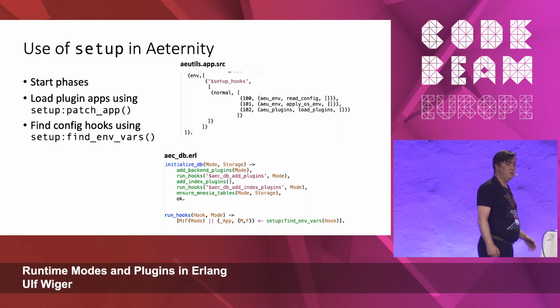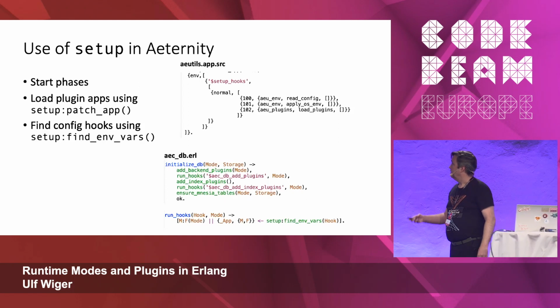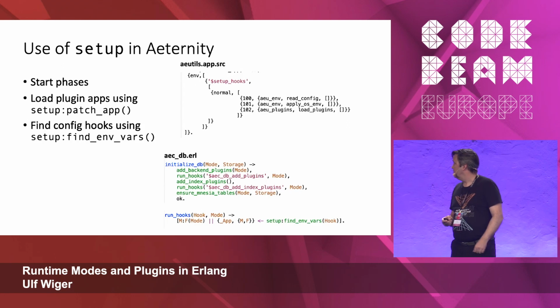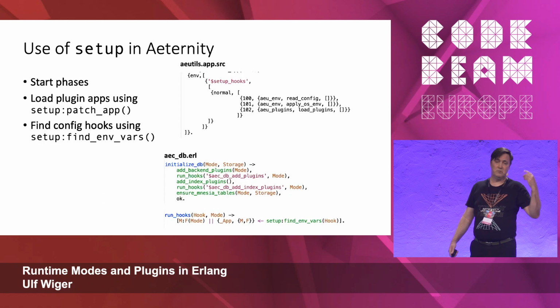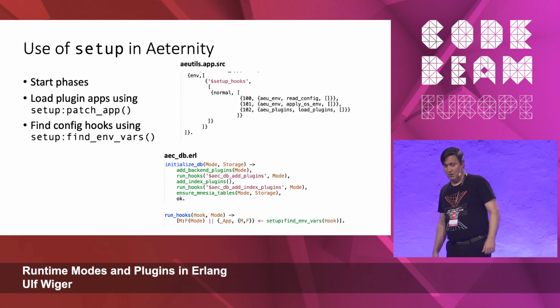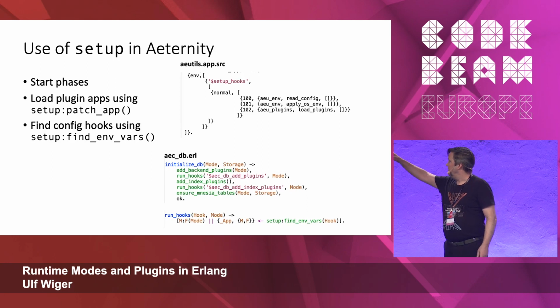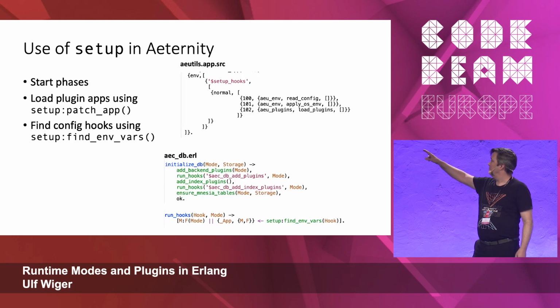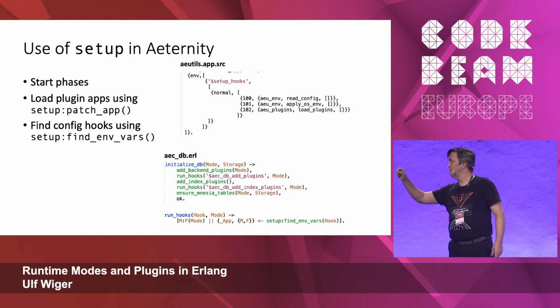So we're using setup in Aeternity, and we have for quite a while. Up here you can see some examples of the start phases, where start phase 100 is the first one. Essentially the AEUtils application will tell, via the setup hooks environment variable, that setup will go out and check all the applications for this environment variable.